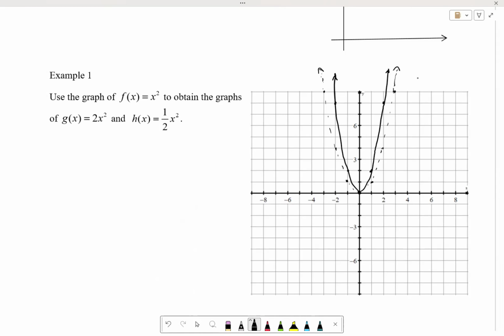Compressed by a factor of 1/2. So as promised, here's my other color. So that 1, 1 is now going to be at 1, 1/2. What used to be at 2, 4 is now at 2, 2. What used to be at 3, 9 is now at 3, 4.5. Is that clear? On both sides.